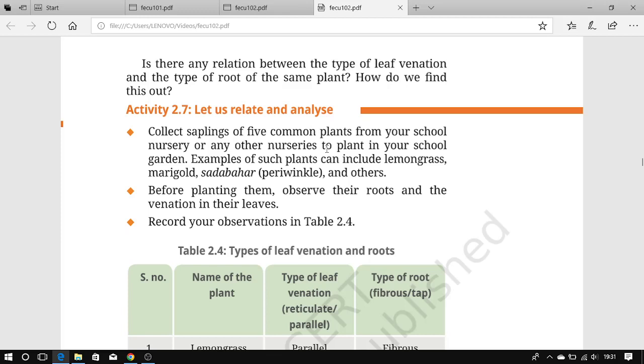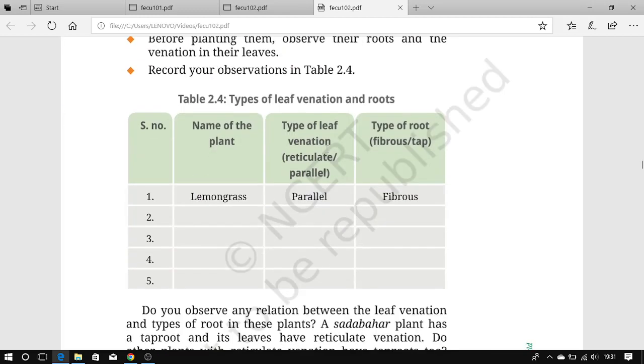Before planting them, observe their roots and the venation in their leaves. Record your observations in table 2.4, like some examples included in your books, like lemongrass has parallel leaf venation and fibrous roots.